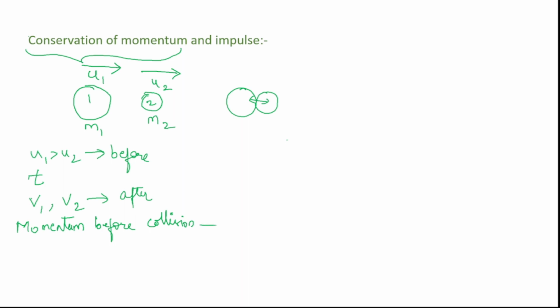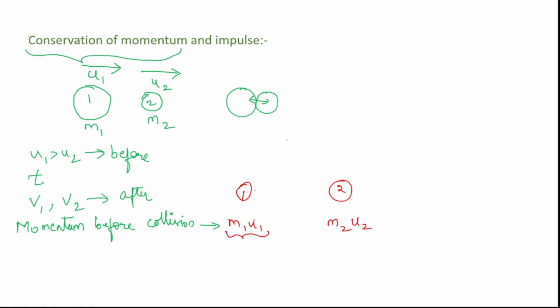Before collision it is m1 u1 for object 1, and for object 2 it is m2 u2, right? How did we get this? In Newton's second law of motion we have studied that momentum is equal to mass into velocity. So here we are writing the momentum before collision of objects 1 and 2.